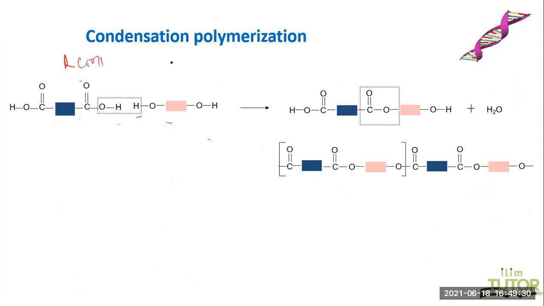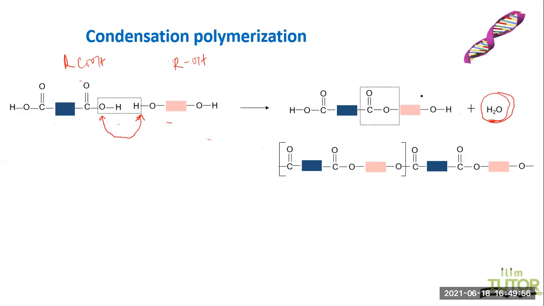This monomer has a functional group ROH. So the H from the OH part and the OH are condensed together, and that's why there will be elimination of a water molecule. There's elimination of small molecules. In condensation polymerization, there will be elimination of small molecules.